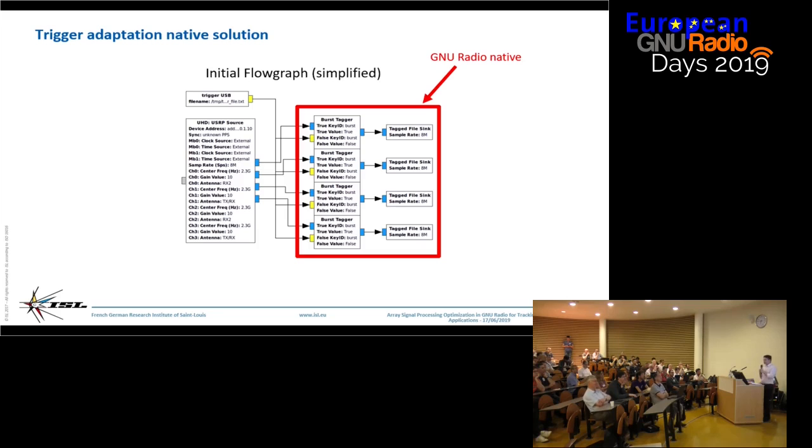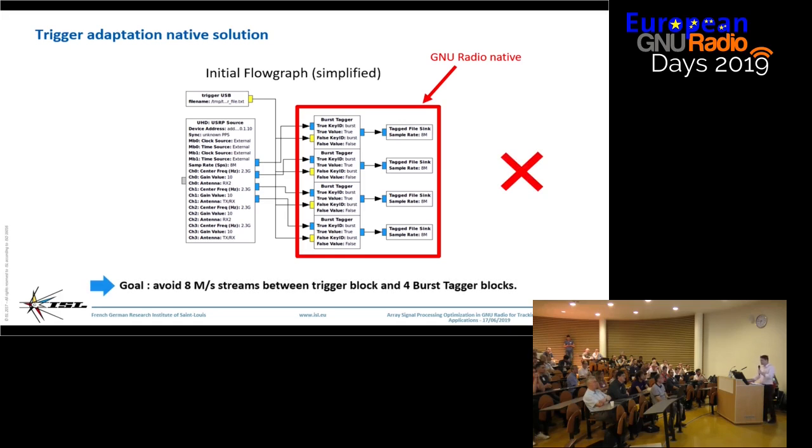To use that remote trigger, which has to start after the run of your program, if you think about GNU Radio native blocks, the first thing we could think of was using the burst tagger blocks and propagating that trigger with the data stream, as it's shown here. But that's something that really bugged us, because when you're willing to increase the sampling rate just as we did, you're using an increasingly resource-consuming way of propagating that trigger.